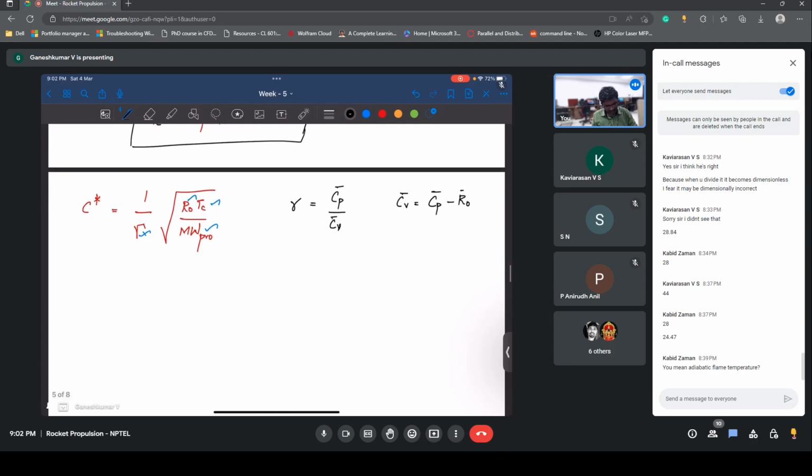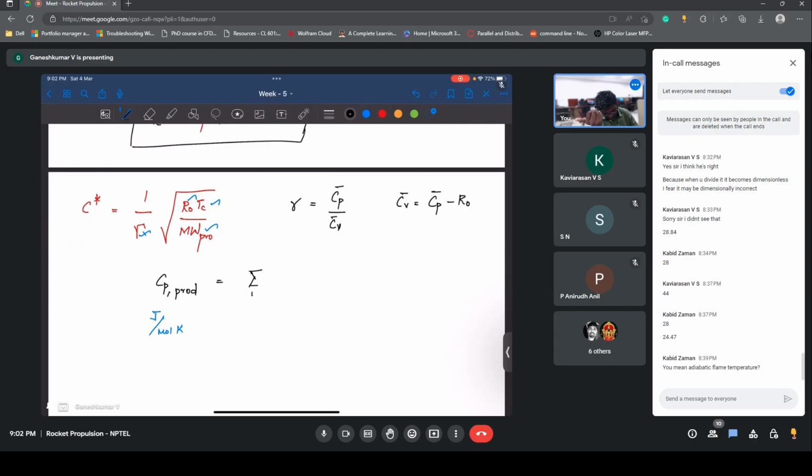So Cp minus R naught, which is also the universal gas constant. The only thing you need to find is Cp, the Cp of the product mixture. How do we find it? If you don't know how to weight it, look at the unit of Cp, which is joules per mole Kelvin. Per mole, how much energy I need to raise the temperature by 1 unit, that is what Cp is.